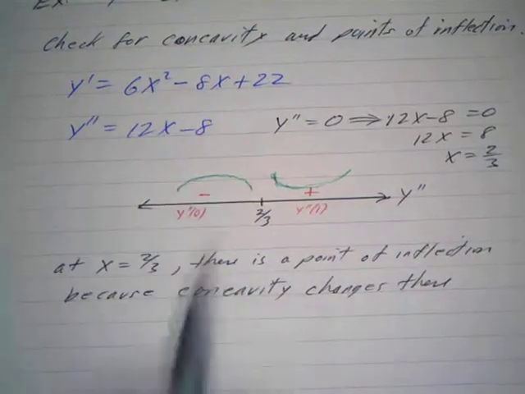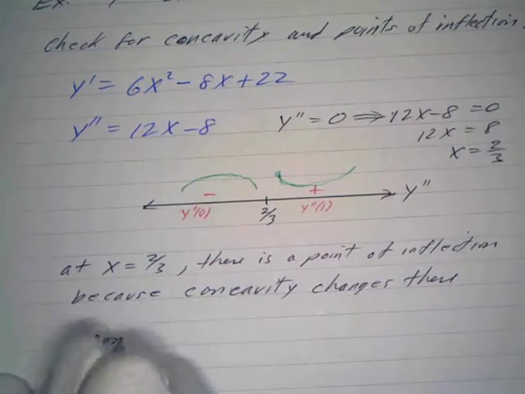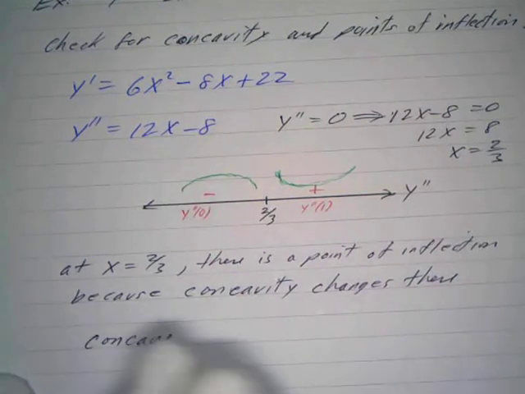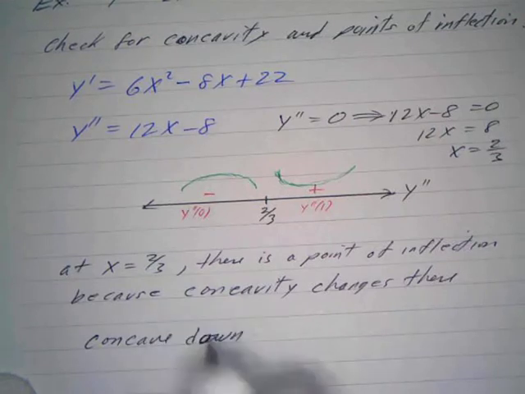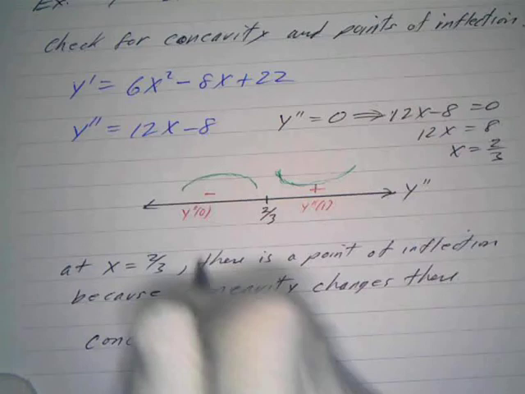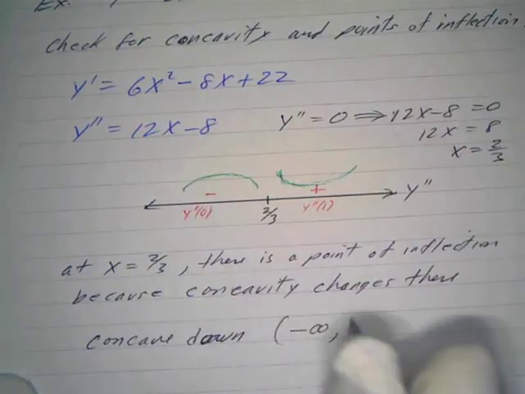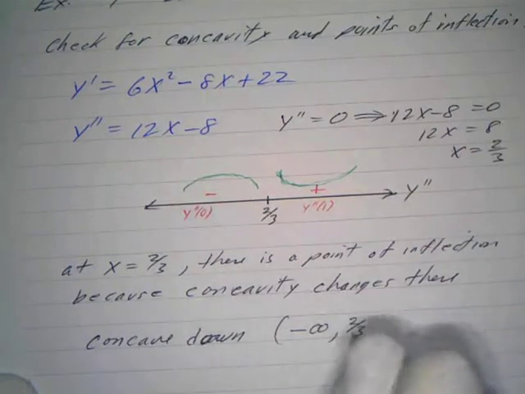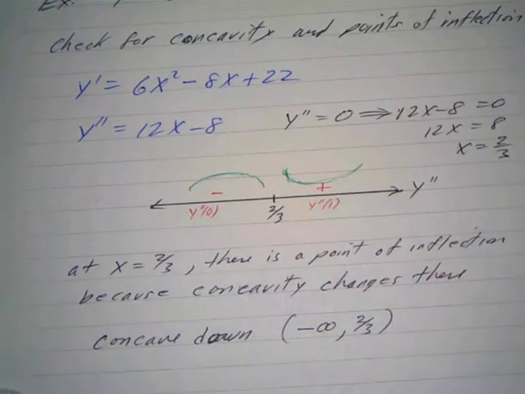And we also want to check for concavity. So where is it concave up? Well, it looks like it's going to be concave down anyway. Concave down, and the interval will be negative infinity to 2/3. We usually use that open because concavity is changing right at 2/3.